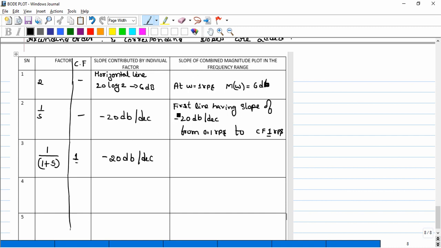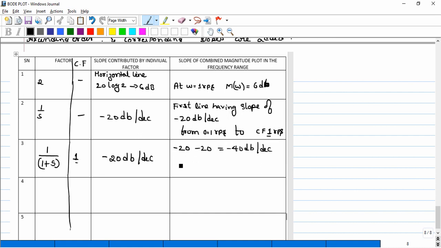So we need to add the previous slope, that is minus 20 dB per decade and minus 20 dB per decade. Minus 20 minus 20, so we will get minus 40 dB per decade. See, this particular slope will be considered for the 1 by 1 plus s factor. Okay. So now from where we will start?